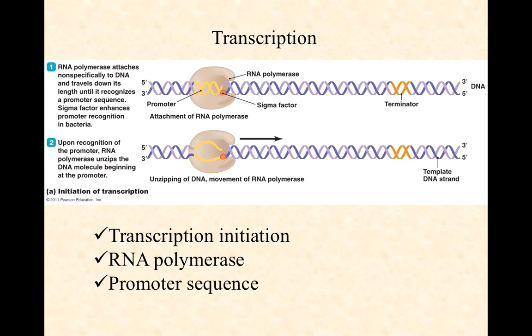In the second step, RNA polymerase can open up a small bubble. We'd call this a transcription bubble, similar to the DNA replication bubble that we saw in the DNA replication video. A small opening where we've got some single-stranded DNA, and it's going to move from the promoter towards the terminator. And as it moves from our left to our right, it's going to peel apart these two strands.